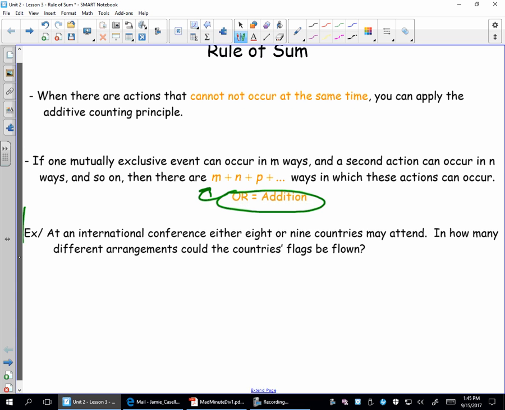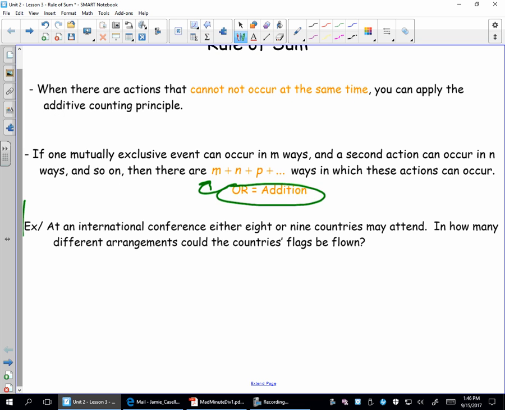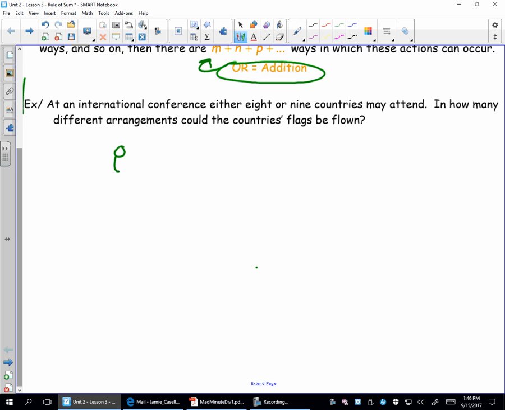At an international conference, either 8 or 9 countries may attend. How many different arrangements could the countries' flags be flown? Well, it depends on if there's 8 countries or 9. Because if there's 8 countries, and I put all those flags up there in a row, in a line, there's 8 factorial.